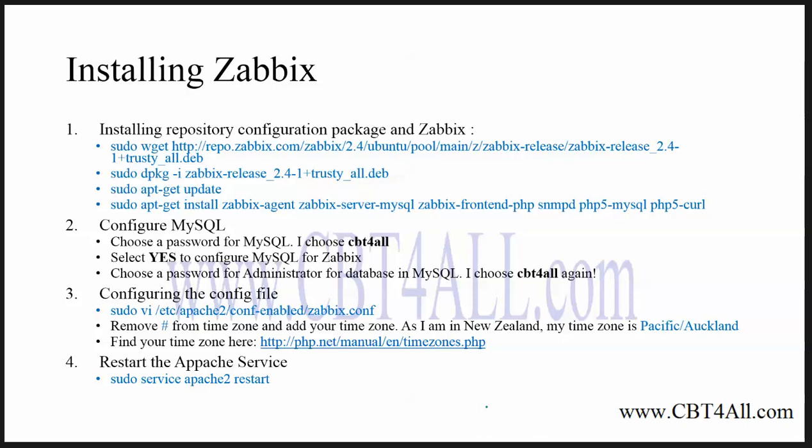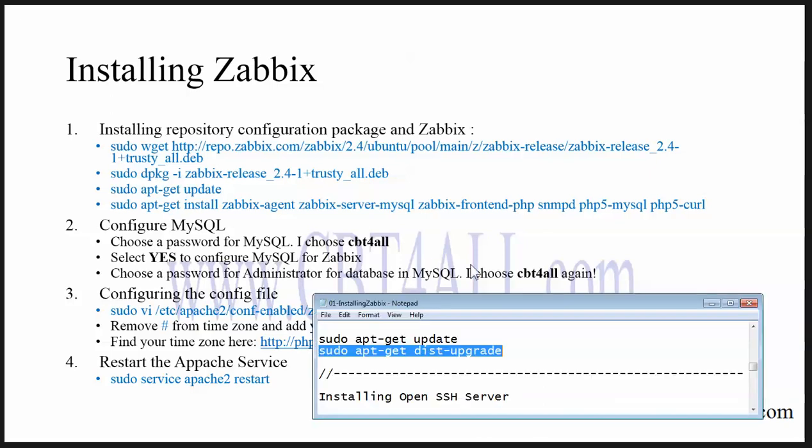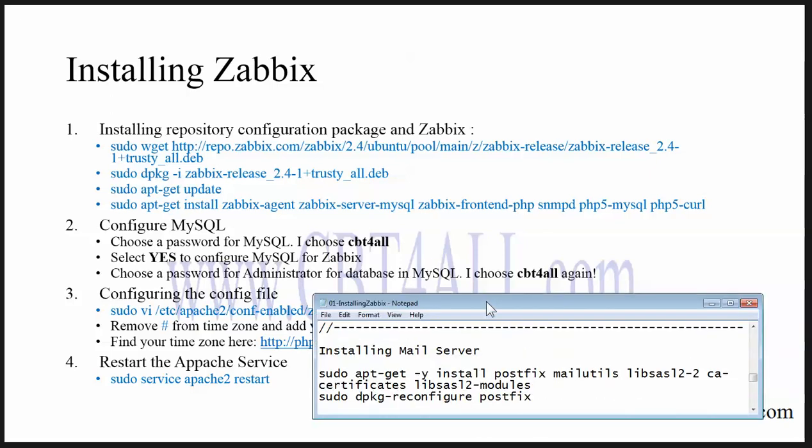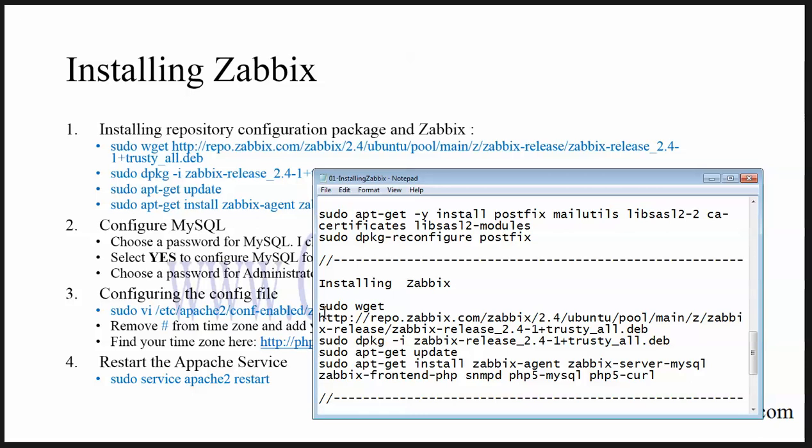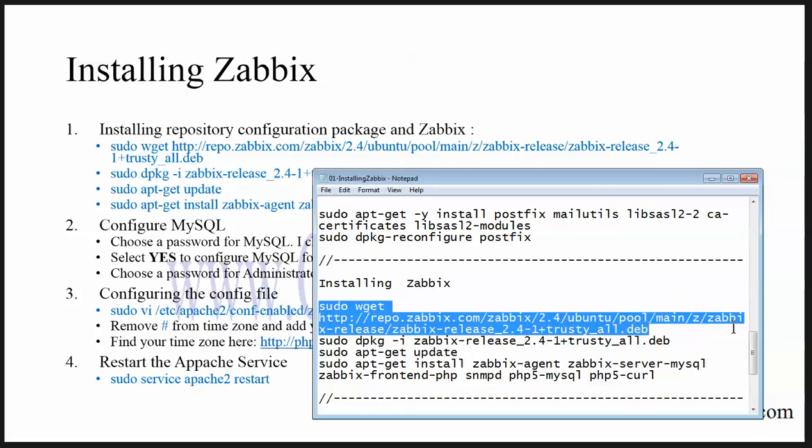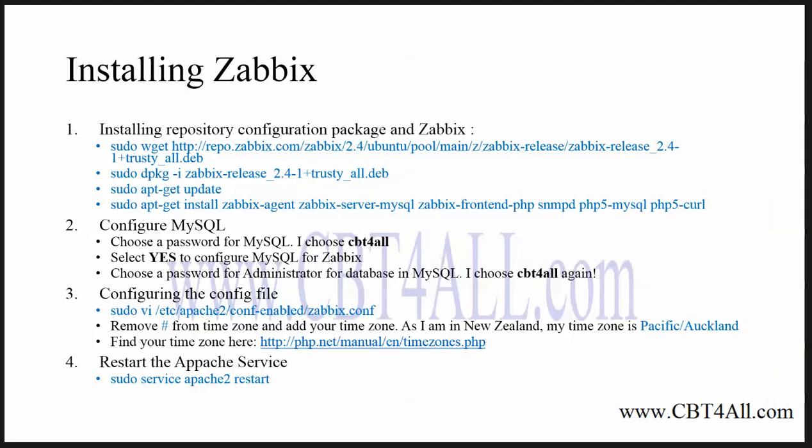Okay, our Linux server is ready and we want to install Zabbix itself. For this, this is the command. Again, copy. Before this, let me show you how you can find these commands.